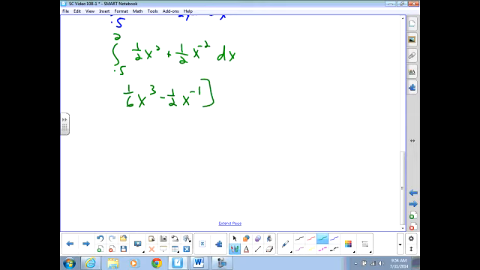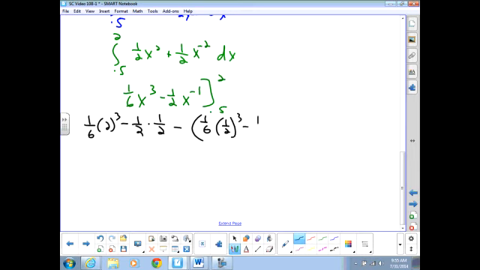And this needs to be evaluated from 0.5 to 2. So we will have 1/6 times 2 cubed minus 1/2. Remember, x to the negative 1 is really 1 over x, so we'll have a 1 over 2. Minus, put it in parentheses, 1/6 times 1/2 cubed minus 1/2 times 1 over 1/2.